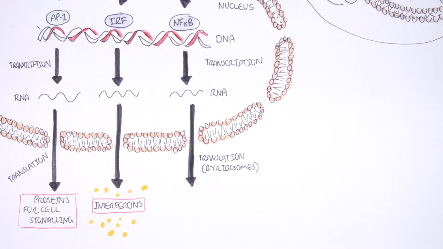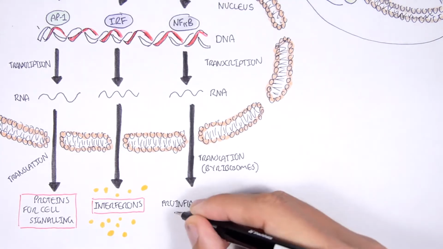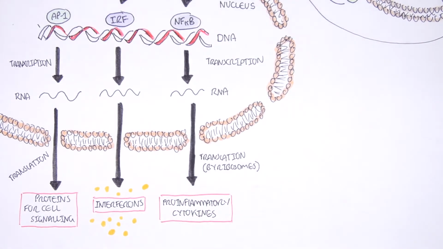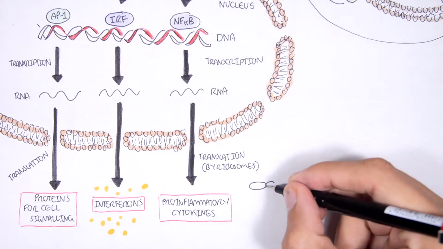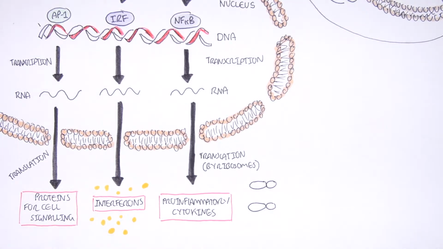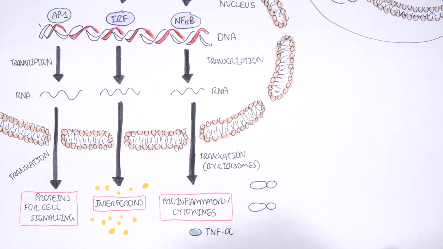So the specific RNA will be translated by ribosomes to make pro-inflammatory cytokines. Now, these pro-inflammatory cytokines, as the name suggests, have everything to do with inflammation. It will promote inflammation.